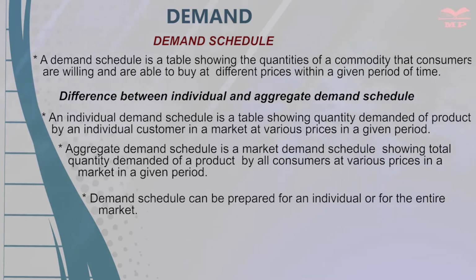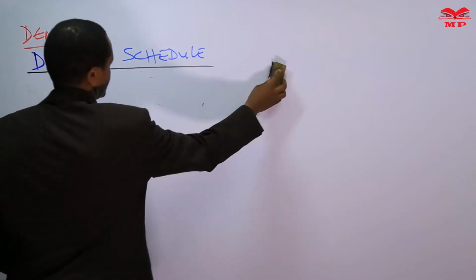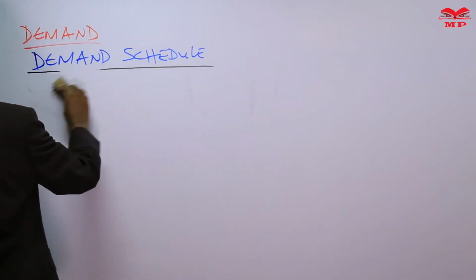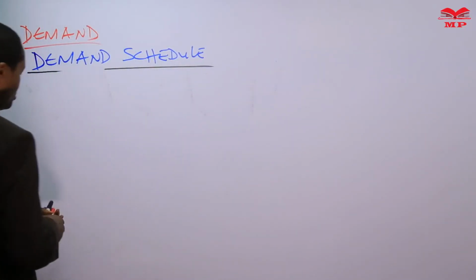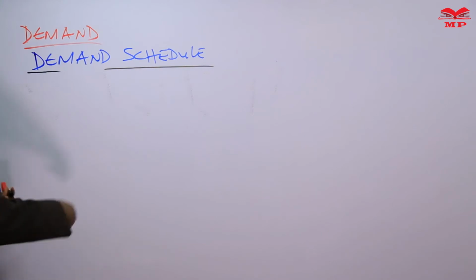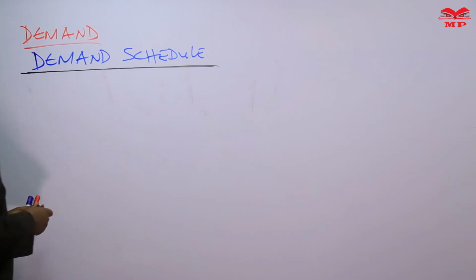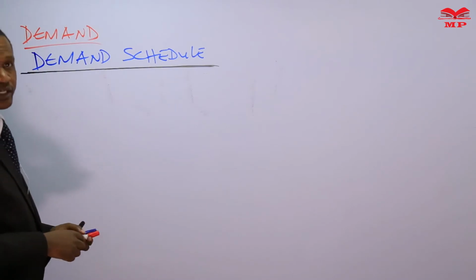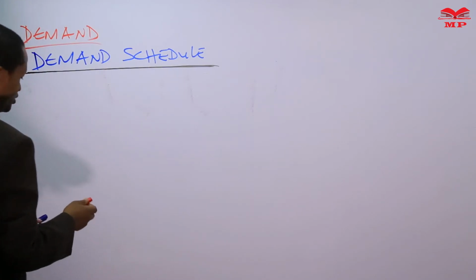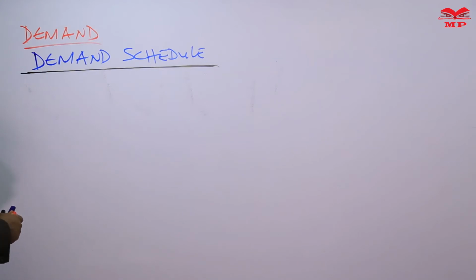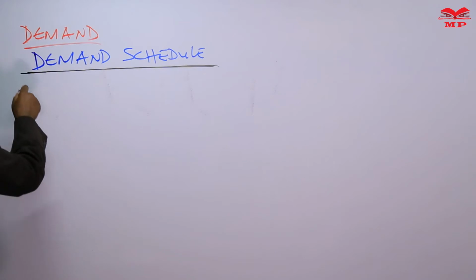These are 7 days. So this is the demand schedule, which we have said is simply a table showing the quantities of a commodity demanded by a customer or a consumer within a given period of time.